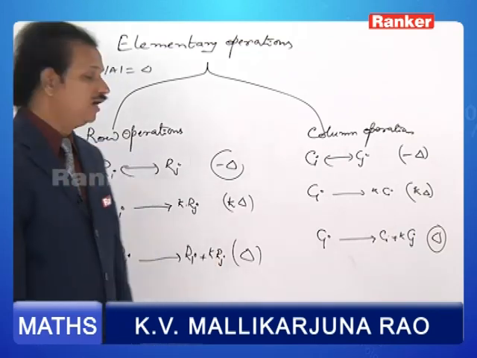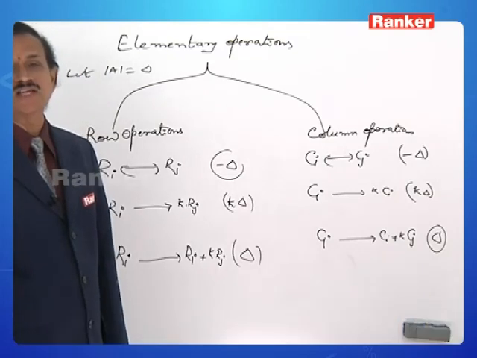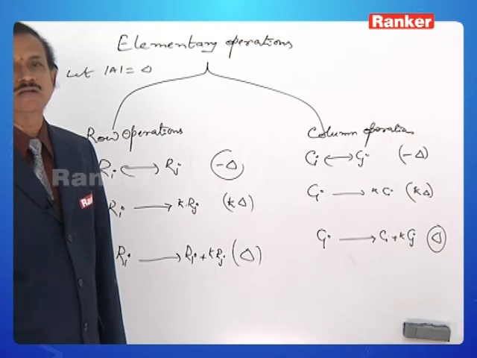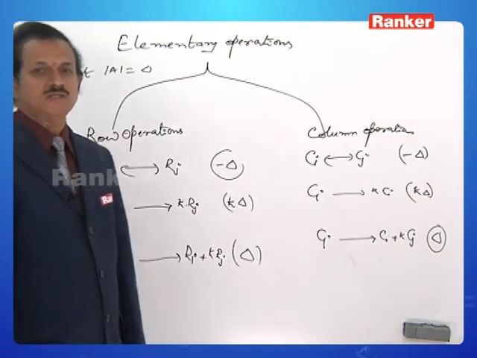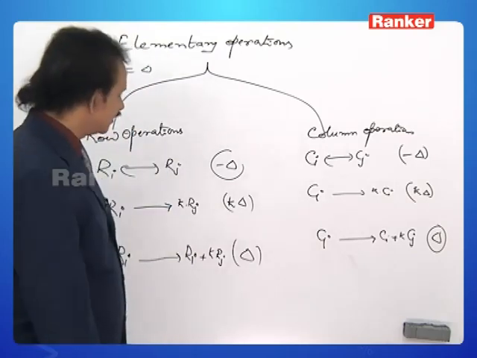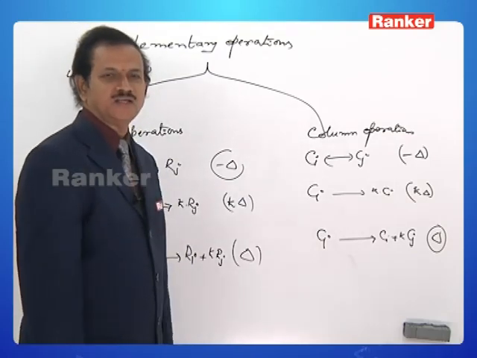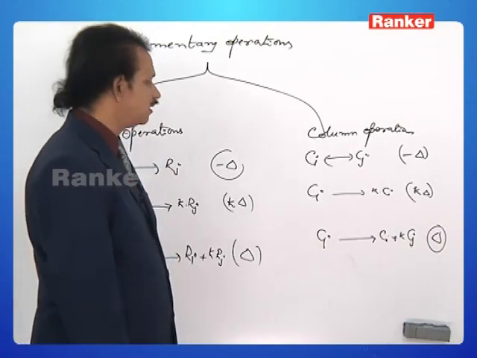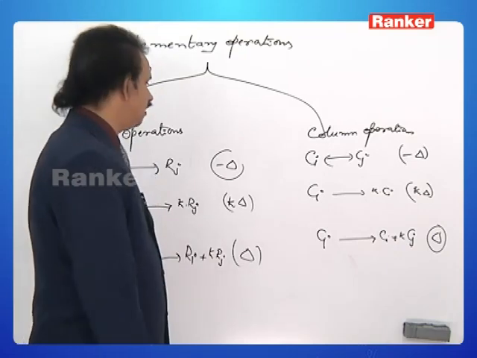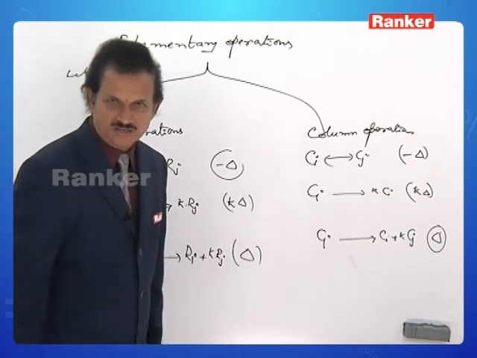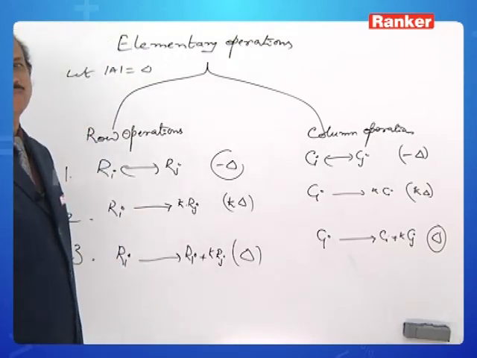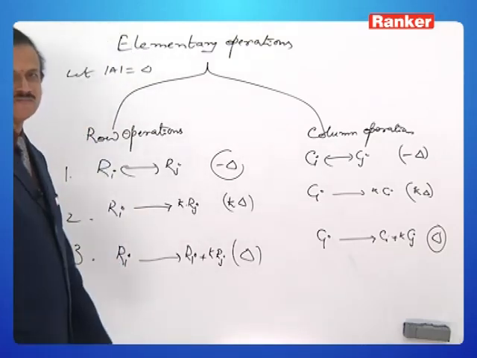If k times the elements of jth row are added to those of ith row, then the value of the determinant does not change or remains unaltered. In a similar way, if k times the elements of jth column are added to those of ith column, then also the value of the determinant does not change. This is the benefit of elementary operations. Please have a note of that.